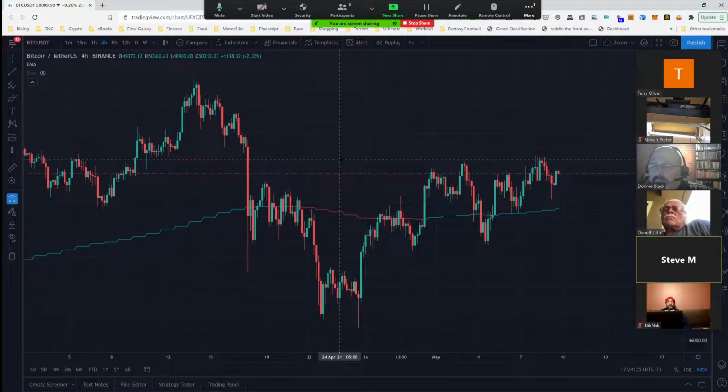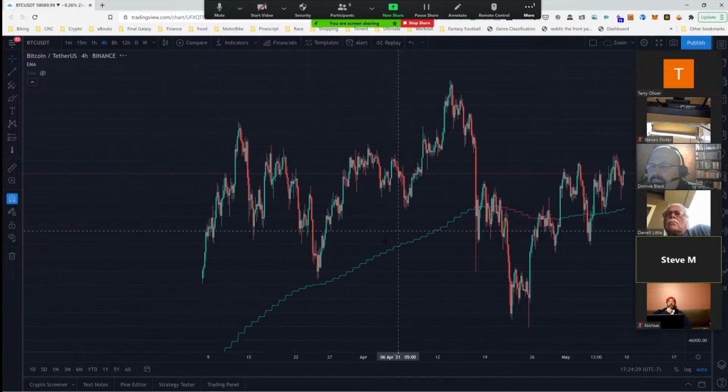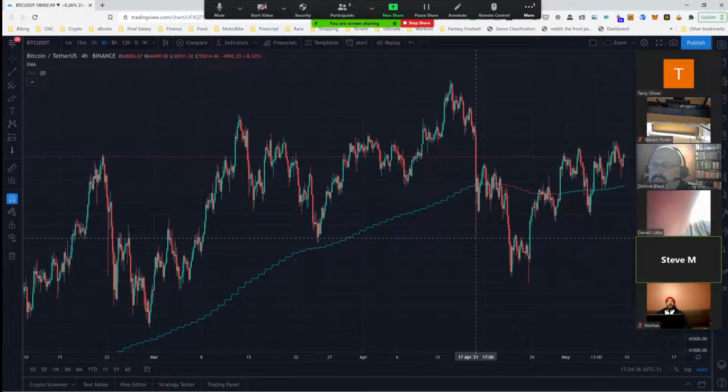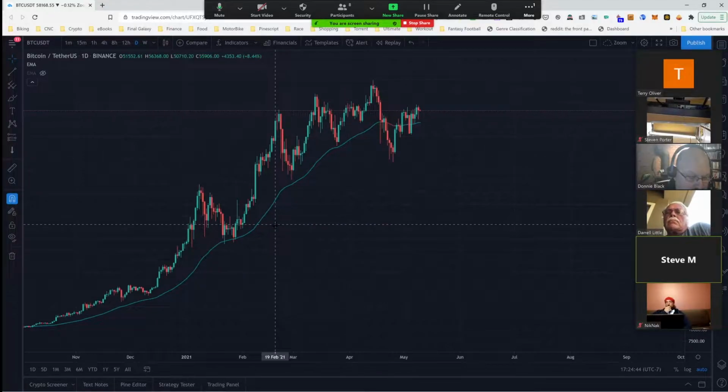But the 50-day EMA, as you can see here, is close to how I determine trend. So if price is trading above the 50-day EMA, then you're in a bullish trend, and you'll want to be looking for long trades at support.